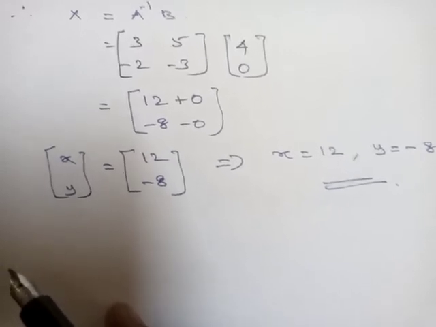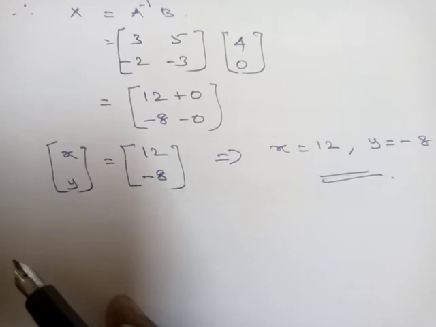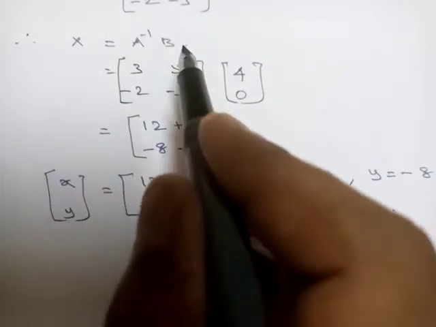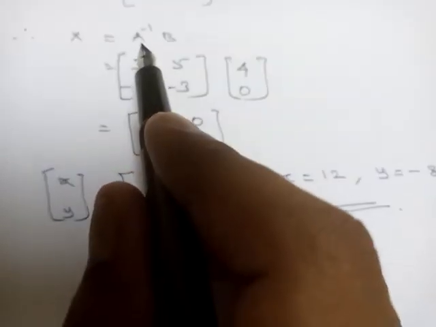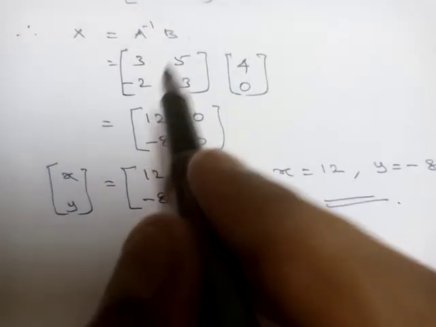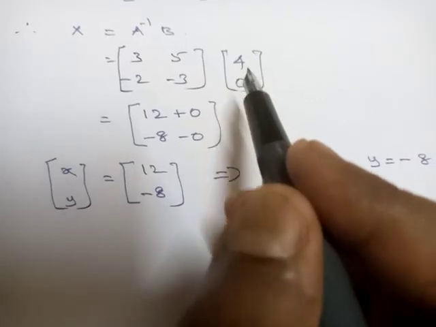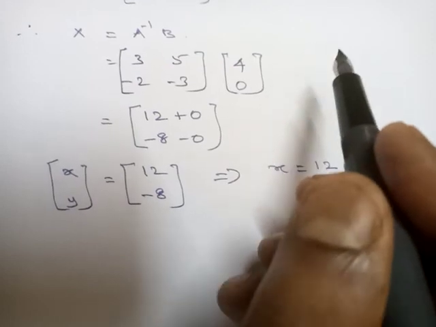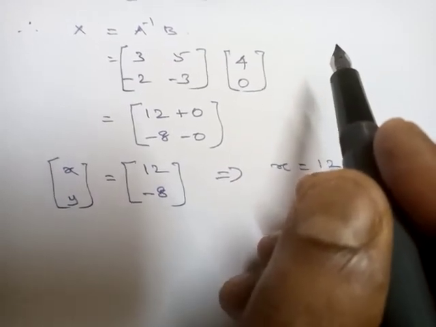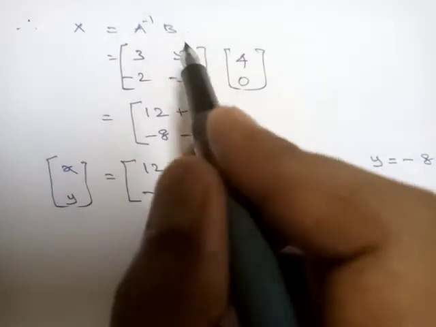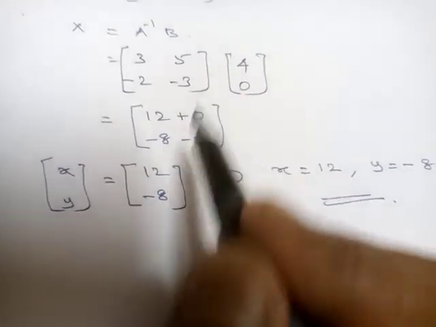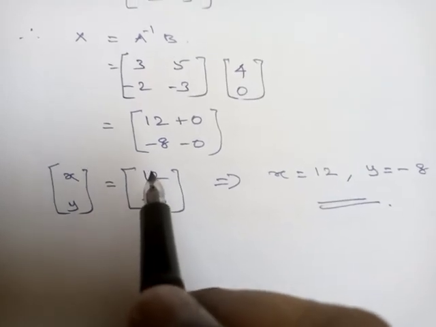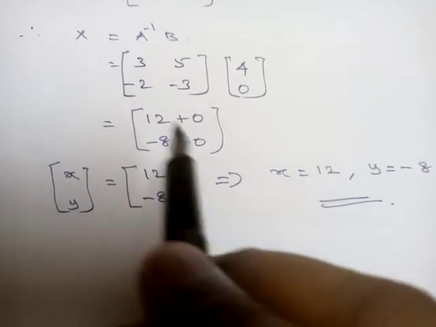That is, suppose they have given 3 linear equations in terms of x, y, z, by the same formula X is equal to A inverse into B. So we have to find the inverse of the given matrix A. After that, multiply with the B matrix. B matrix is nothing but always the constants on the right hand side of the given equations. So from the equations we have to take the B value. The same way we have to find the values of x, y, z from a 3 by 3 matrix.